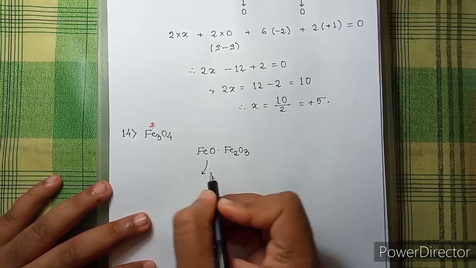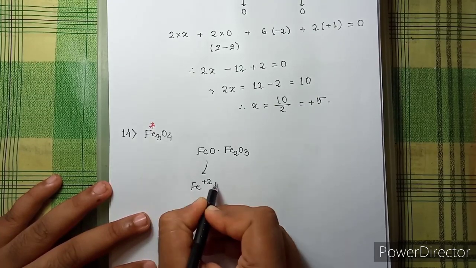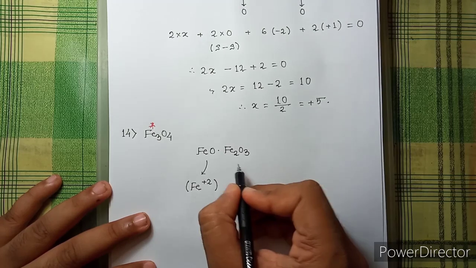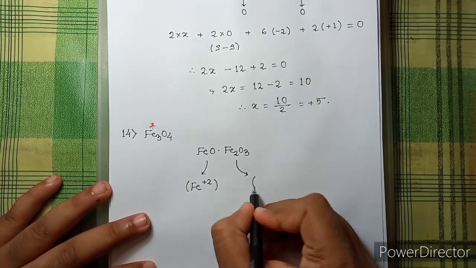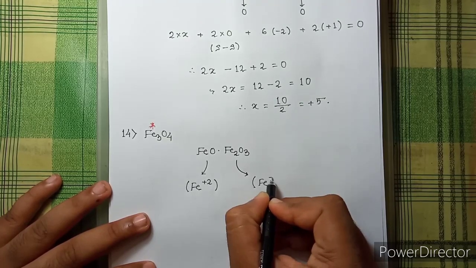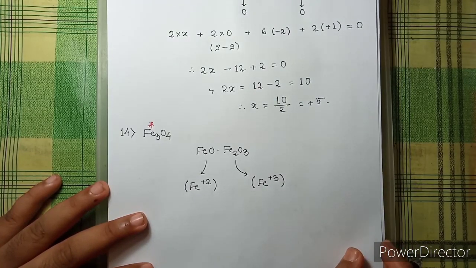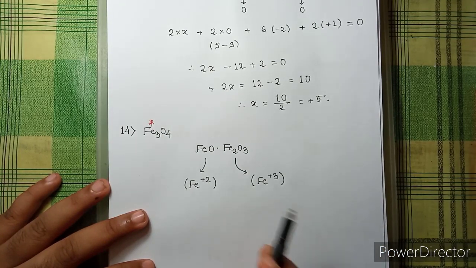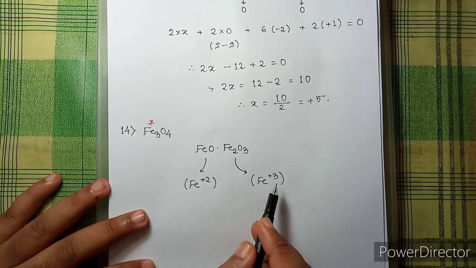In ferrous oxide, iron is present in the Fe2+ state, that is, the oxidation number of iron is plus 2, and in ferric oxide the oxidation state of iron is Fe3+, that is, the oxidation number of iron is plus 3. So here we have two oxidation numbers of the iron atom, plus 2 and plus 3.